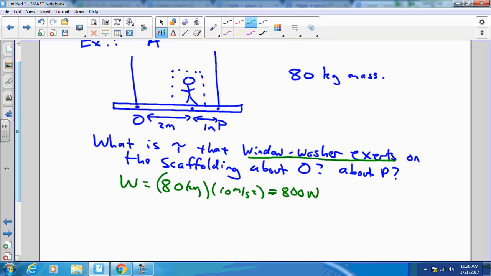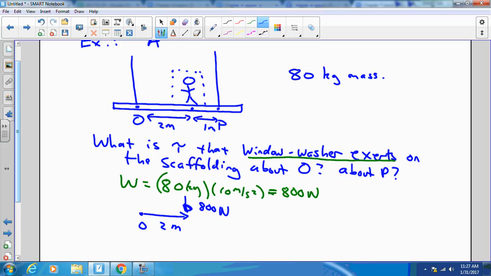We need a force. Second of all, we need a distance. And if we are considering point O, then the distance that we're talking about is clearly 2 meters. So we have a force with a distance.